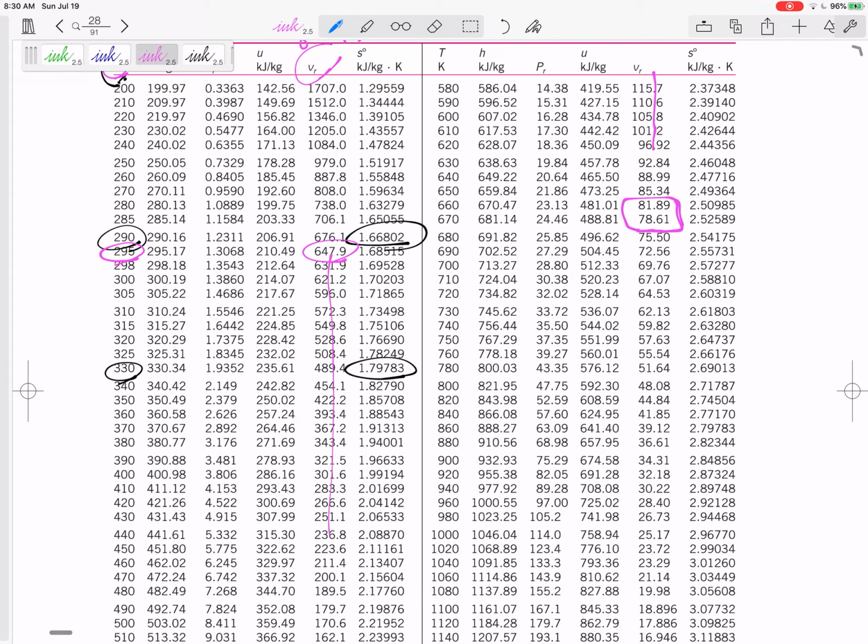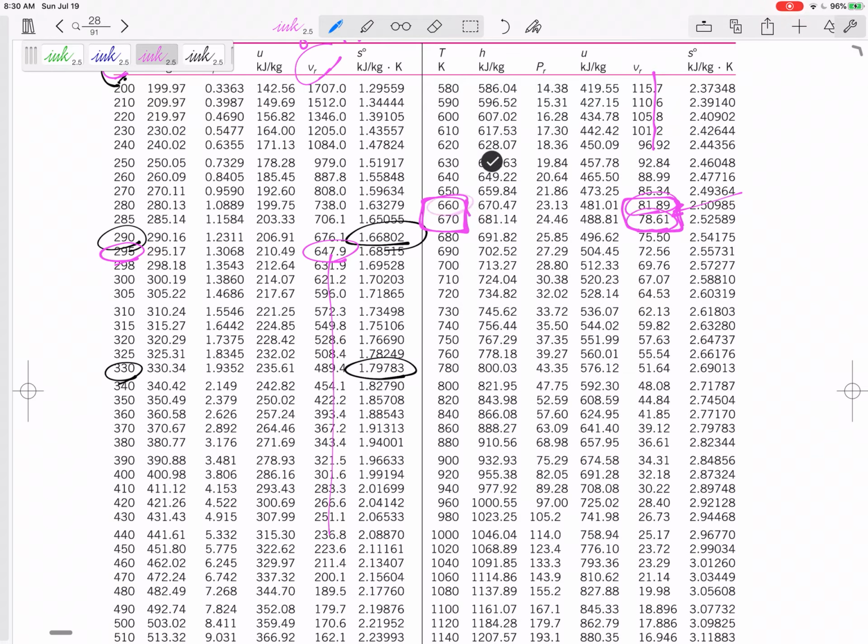VR 80.99 is in between there. So interpolate. I don't want you to estimate. I do want you to interpolate. I do top minus bottom over middle minus bottom equals top minus bottom over middle minus bottom. You can use interpolation in your calculator. Interpolate to get the temperature and make sure that your calculator gives you something in between 660 and 670. You should be able to tell which one it's closer to.